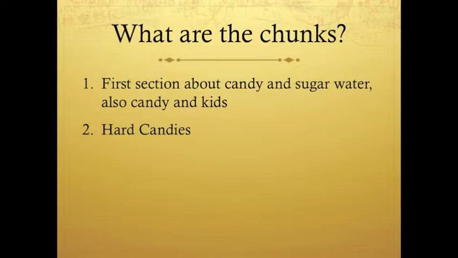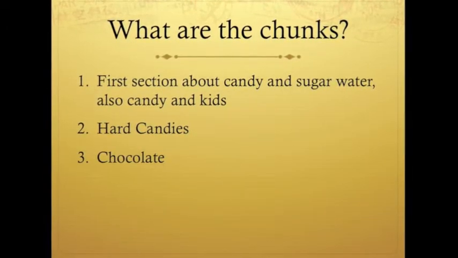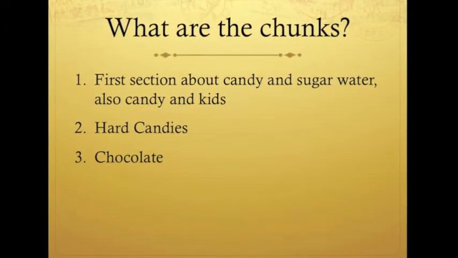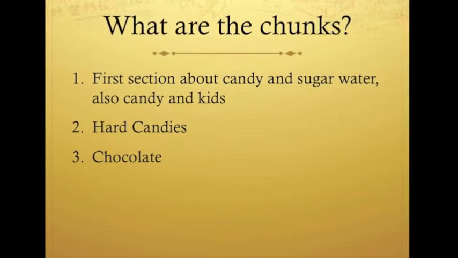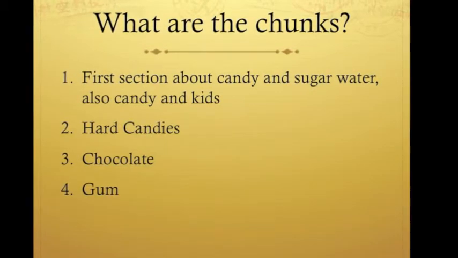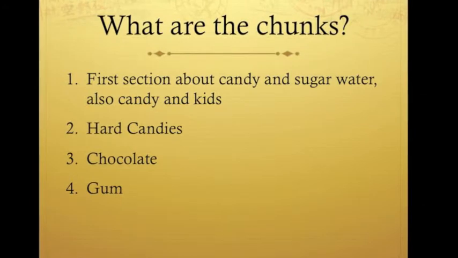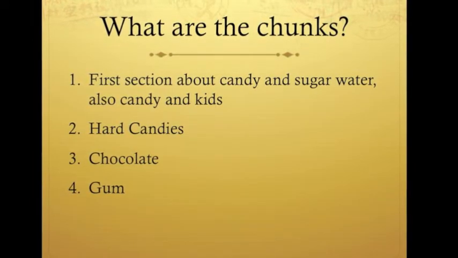Our third chunk would then be chocolate. So make sure that you're drawing lines in between the sections of notes for each of these topics. Our last section then would be gum. Take a minute, make sure that you have lines or breaks in between each of those sections.